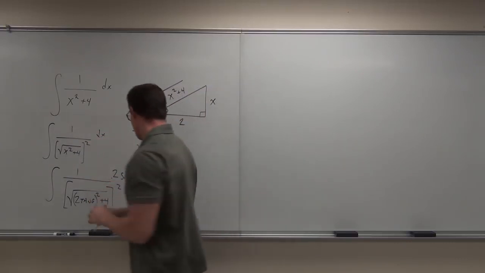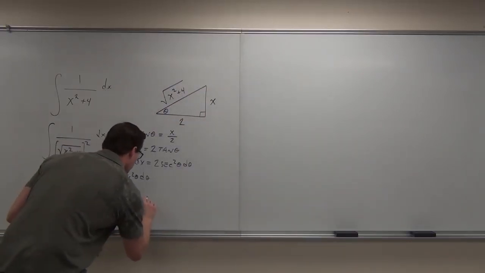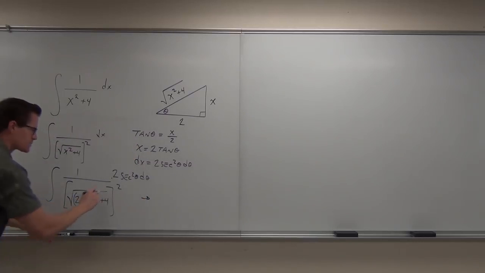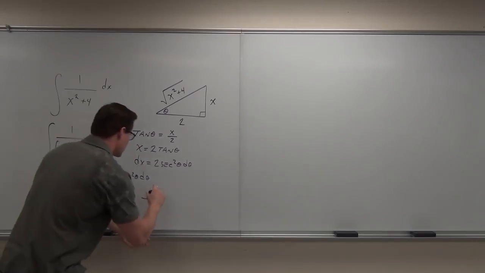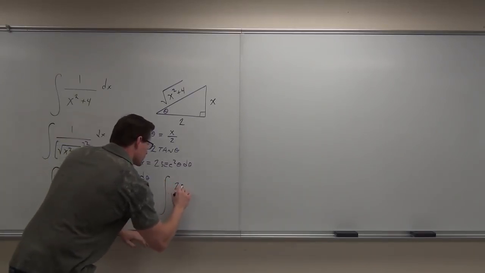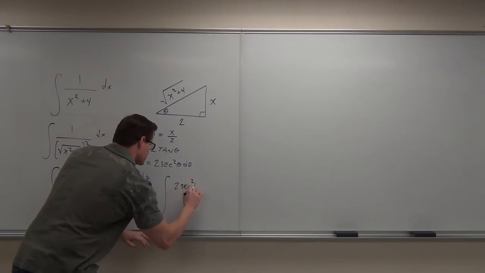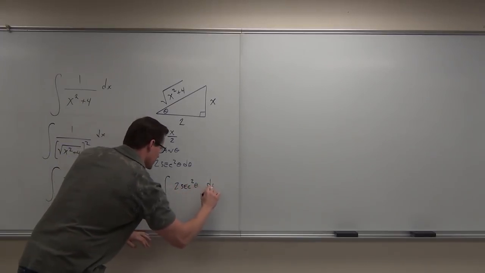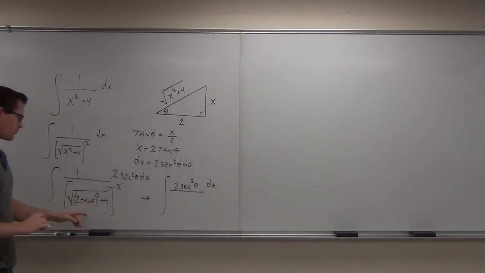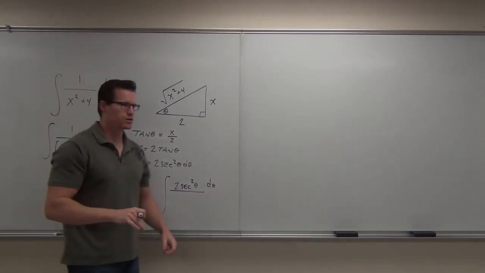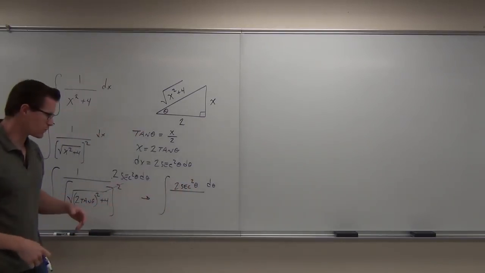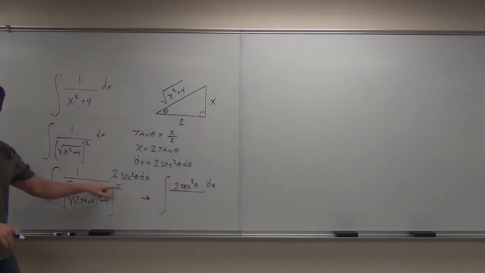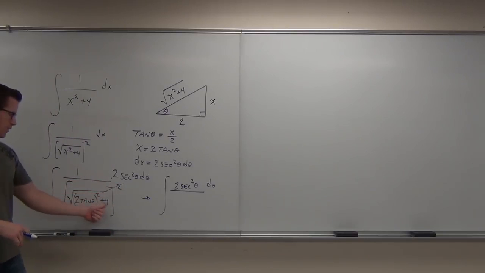So in either case, what we end up getting, and I know that I did this earlier in class, but we'll do it again, we get 2 secant squared theta d theta over, and what happens here is, I'm going to do a lot of math in my head right now, just so hopefully you're with me here. The square and the square root are gone. You follow? Mm-hmm. I'd pull out the 4.